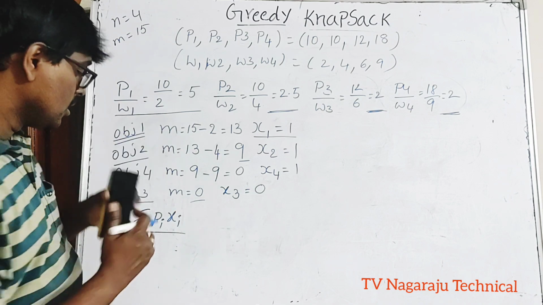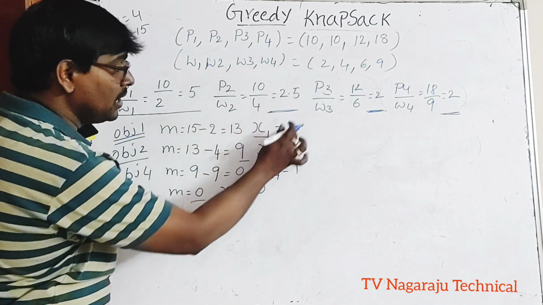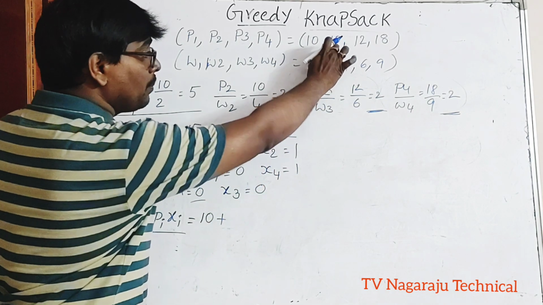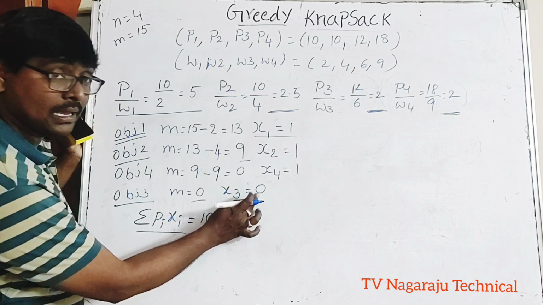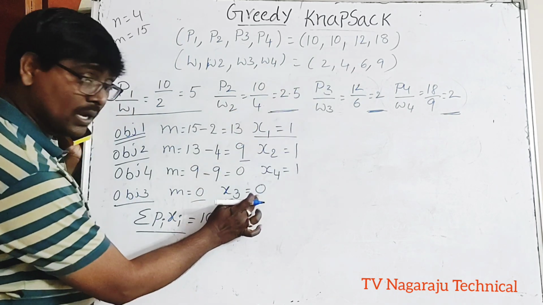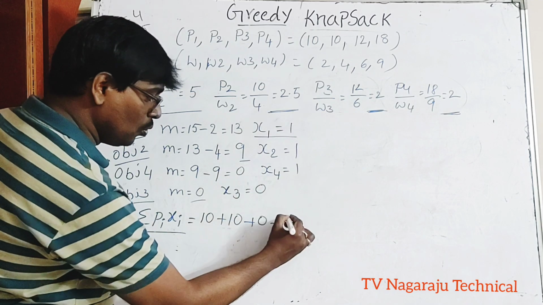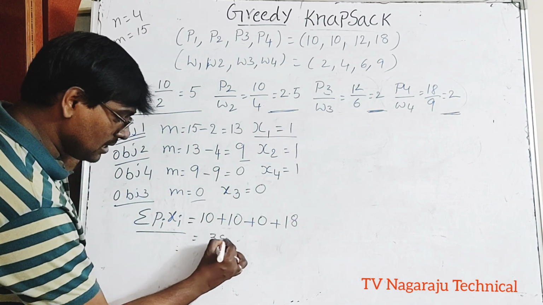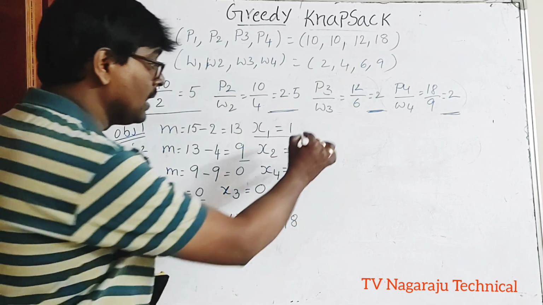So P1 into x1, 10 into 1, 10, plus P2, 10 into 1, 10, plus P3, 12 into x3, 0, plus 18 into 1, 18. The total is 38. This is the maximum profit.